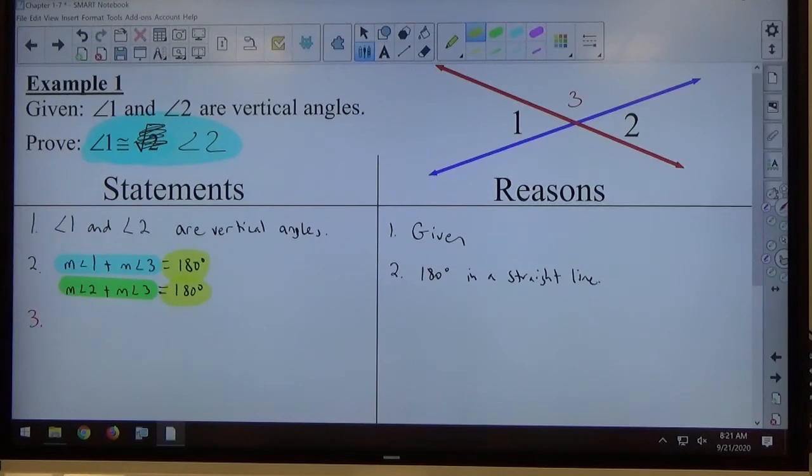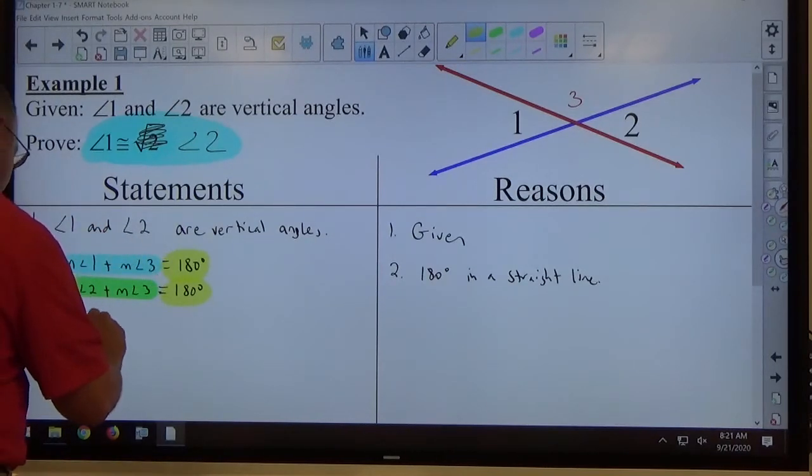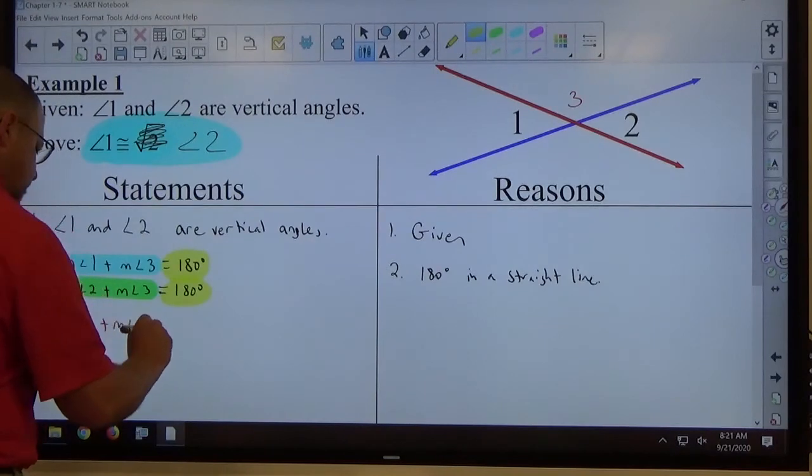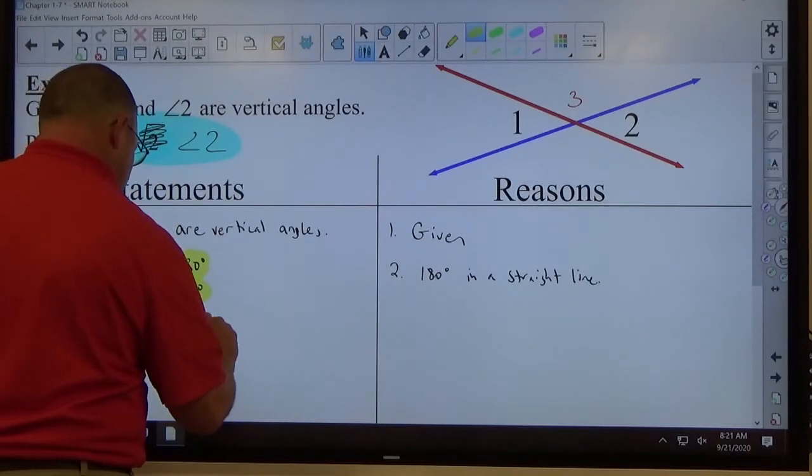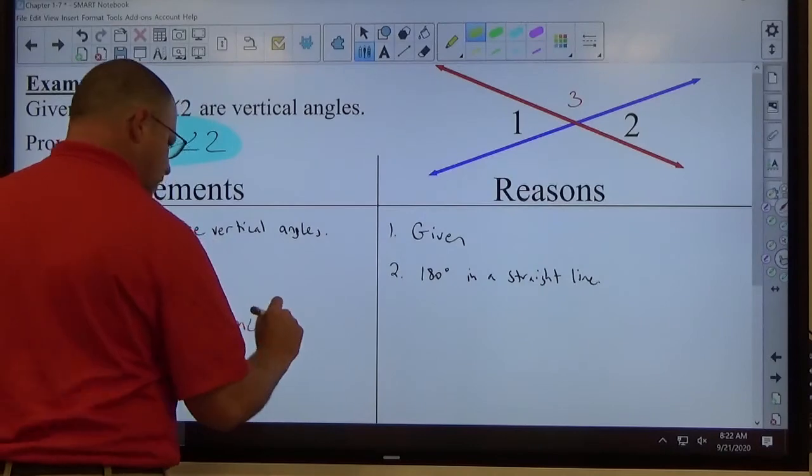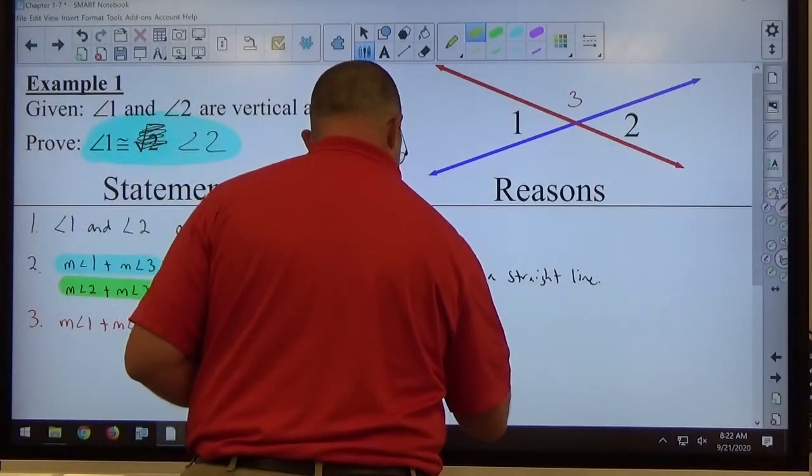That's the substitution law. Substitution property of equality. It says if two things equal the same thing, then those two things equal each other. So I know that measure of angle 1 plus measure of angle 2 equals measure of angle 2 plus measure of angle 3 by substitution.